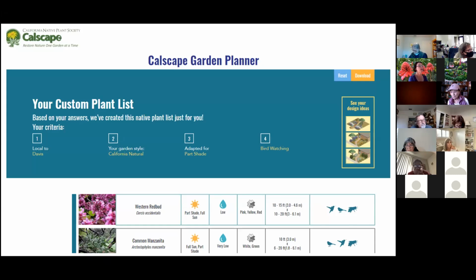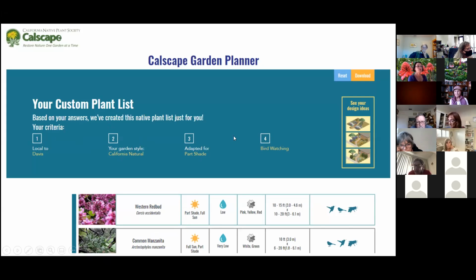if they're interested. So you can put here, I put in, for example, that I'm local to Davis and my garden style is California natural. Like I don't mind things being a little bit messy, but you can put in here that you prefer a more formal garden look, and it'll give you plants that are maybe more adherent to that look. And then I said, okay, what would I plant in partial shade? And I'm also interested in bird watching.